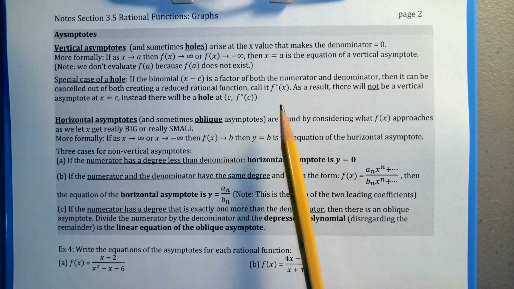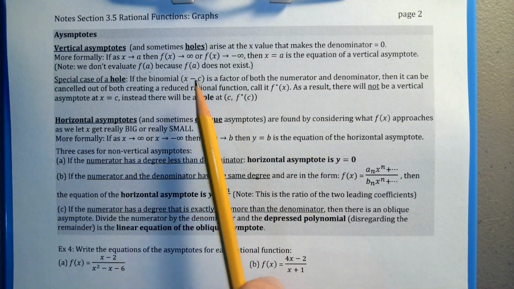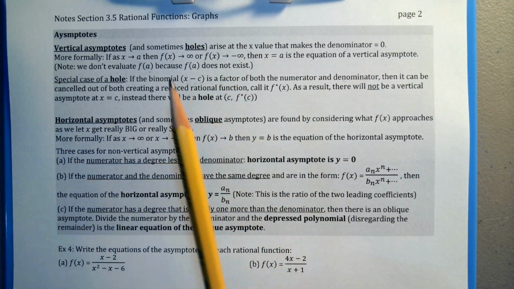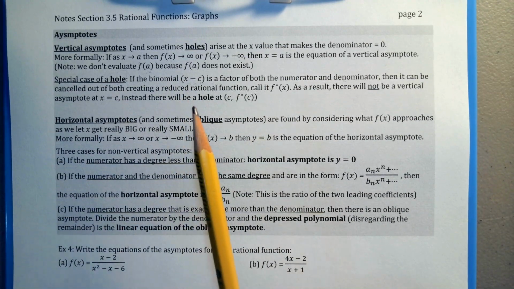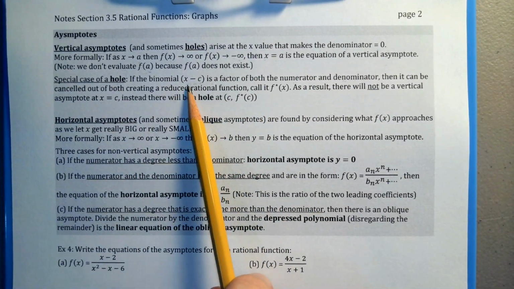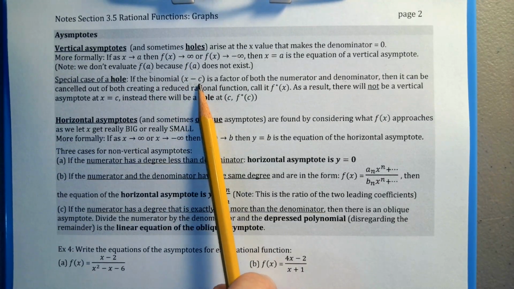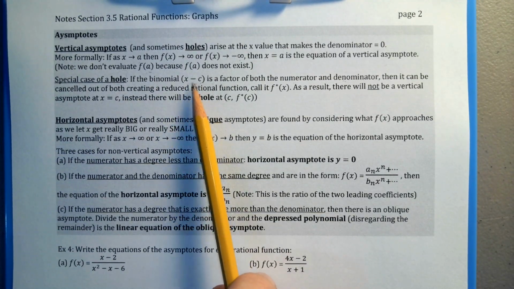It looks like we're okay, but we are asked to graph the original function, not the simplified function. So this still makes the original function undefined. An x value of c would make part of the denominator 0, and it's a factor, so it would make the whole denominator 0.